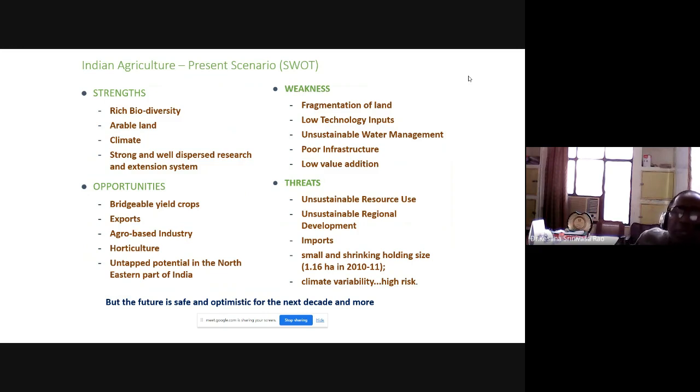Then weaknesses. This is one of the basic drawbacks of India: fragmentation of land. The land is being distributed whenever children are growing up.